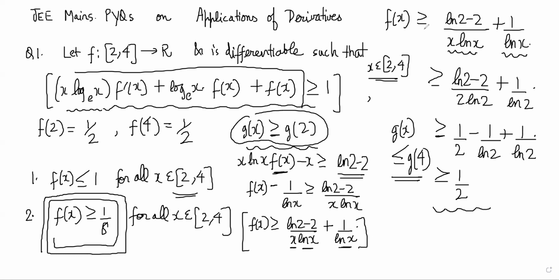And do the same process again, right? Yes. From this inequality, you will be able to create another inequality on f of x involving some constants and x ln x and all, right? Yes. Are you understanding what I'm saying? Yes, sir. So just like we have from here, we got the second statement is true.